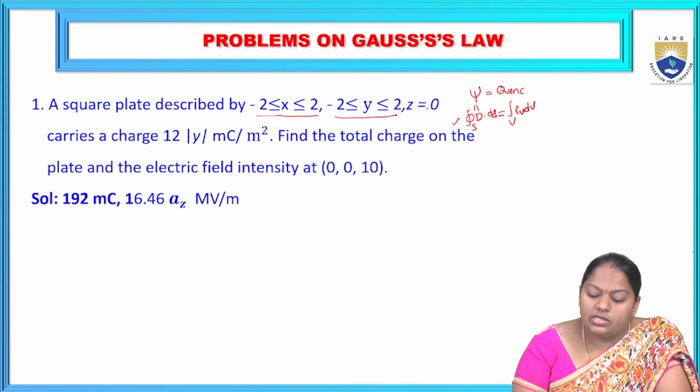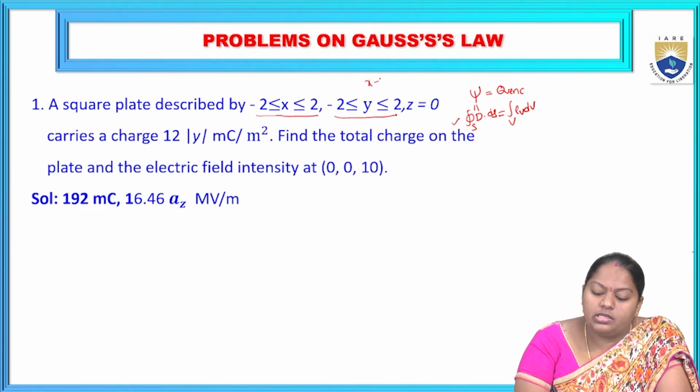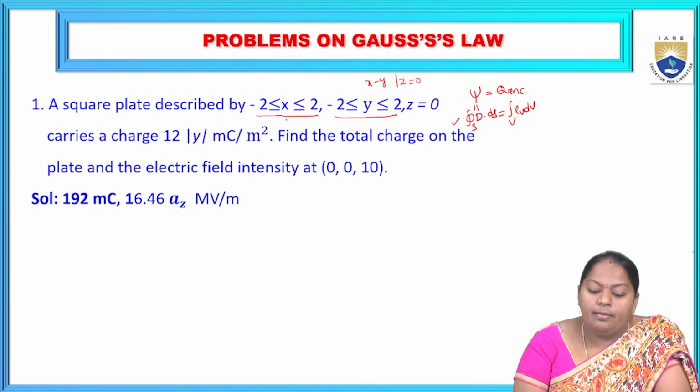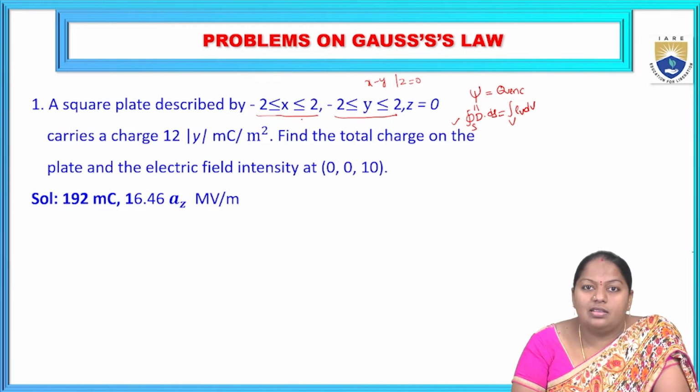The z equal to 0 plane means we are talking about the xy plane, where the two variables are x and y, and we integrate over the area with x and y.